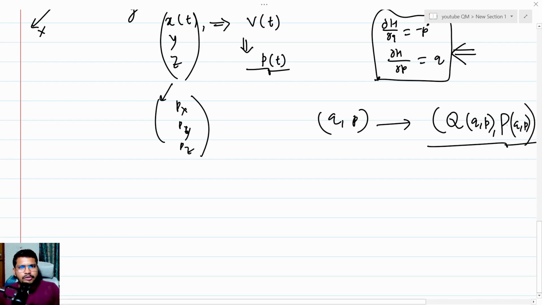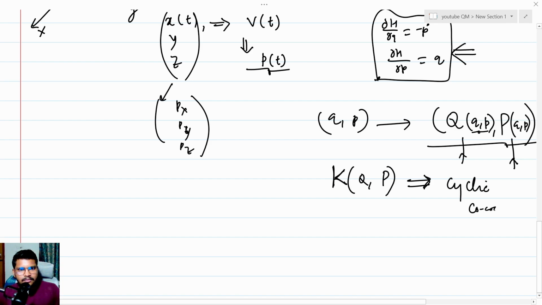These capital Q and capital P are going to be functions of the small q and p, right? Now, if they are transformed in such a way that they produce a new Hamiltonian that depends on Q and P, and produces somehow a cyclic coordinate, that is our demand.